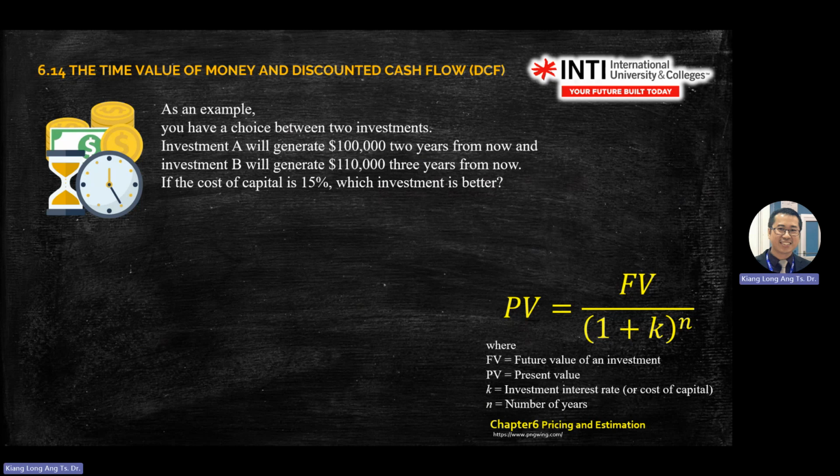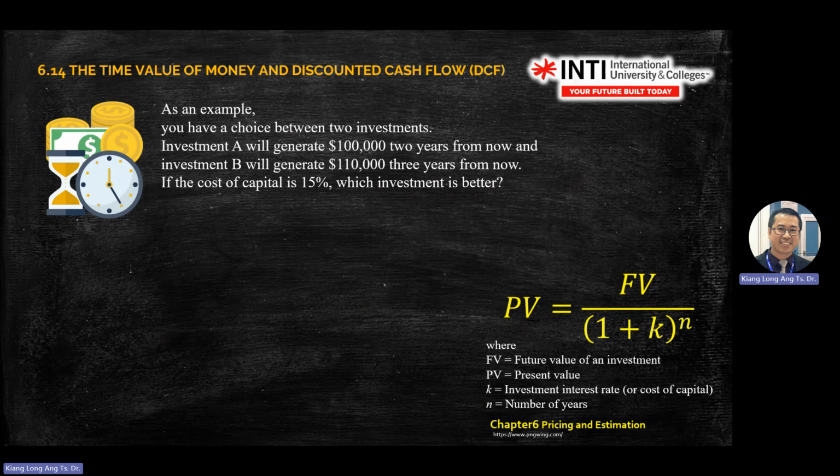After 2 years, you generate 100K. For company B, it takes 3 years to generate 110K. And the interest rate is 15%. The K value is 15%.